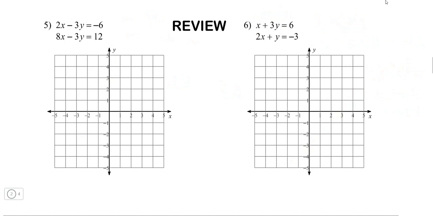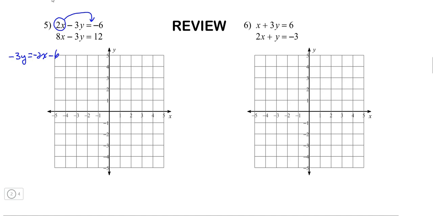All right, let's go ahead and take a look at the last two examples, starting with number 5. Neither one of these is in slope-intercept form, so let's go ahead and convert them. So we're going to take this 2x, and it's going to move over here, and it's going to change from positive to negative. So our equation is going to become -3y equals -2x minus 6.